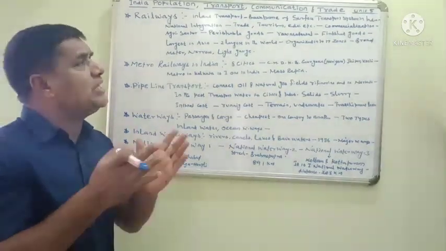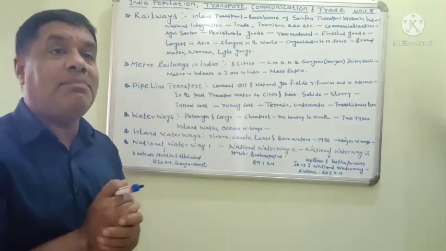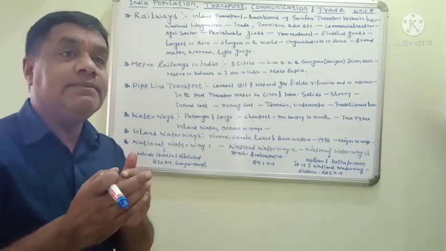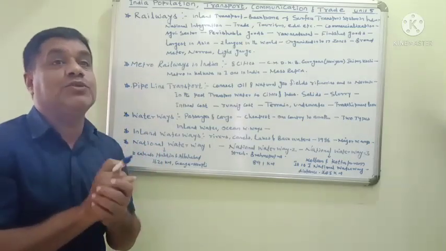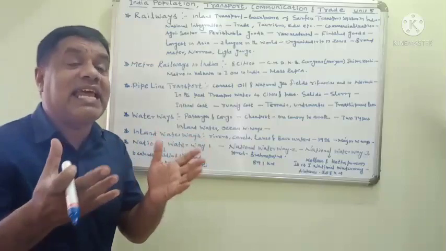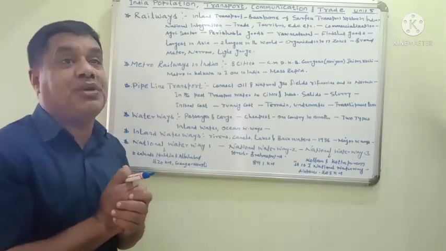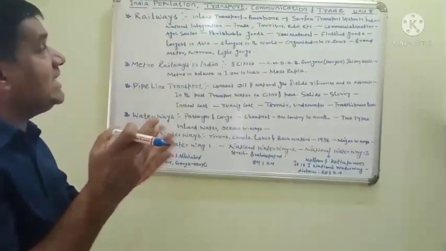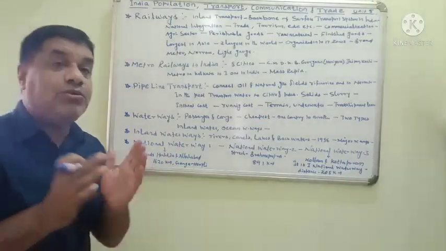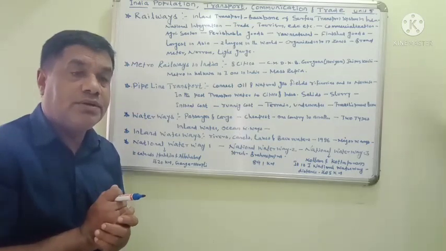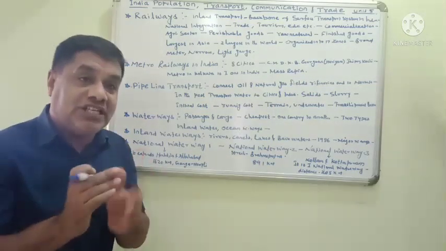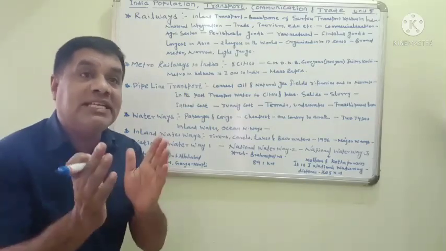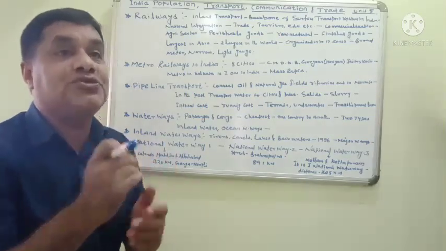Railways promote the commercialization. What do you know about commercialization? The trading relations from one place to another. Railways carries goods and services from one place to another. Commercialization, particularly in the agriculture sector: the farmers involved in agriculture, after harvesting, the goods, the raw materials, are taken from one place to another.